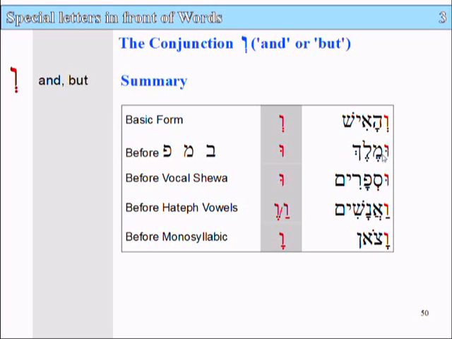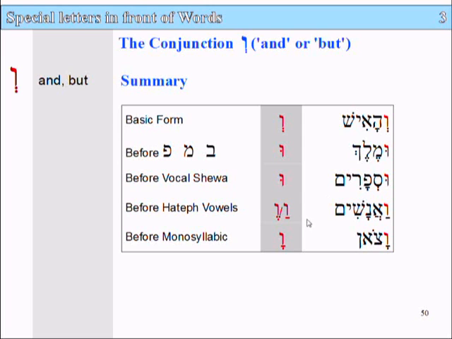So it becomes u-malik, for example, if it's in front of the word malik, because malik begins with a mem. And it also can have an u sound when in front of a word beginning with a vocal shva. For example, this word sefarim, books, becomes u-sefarim, and books.